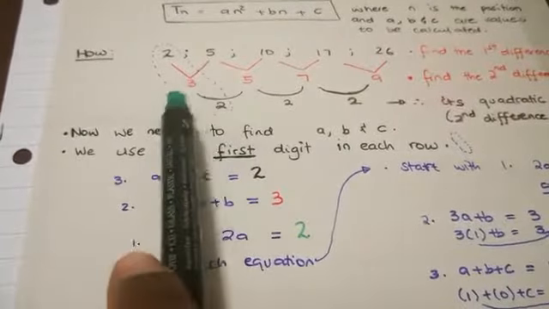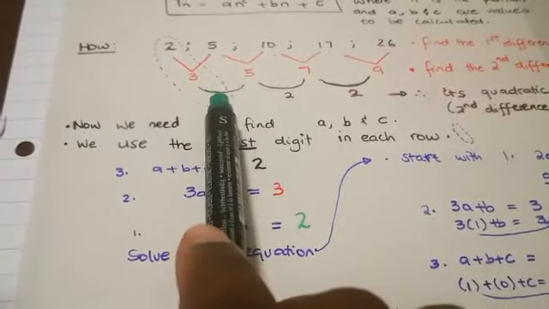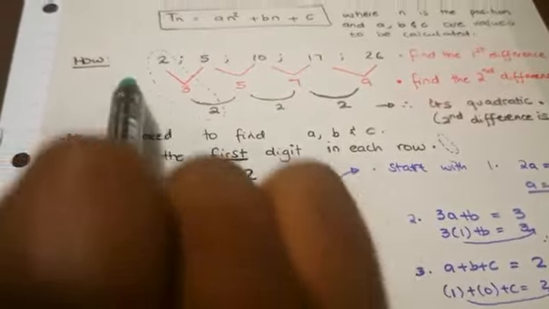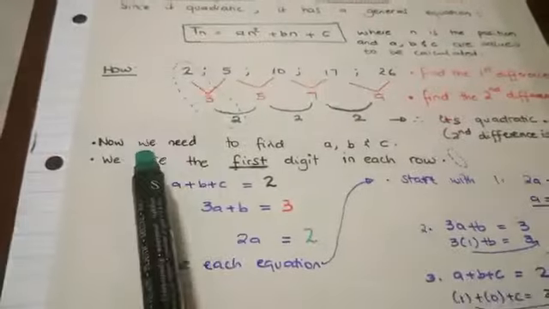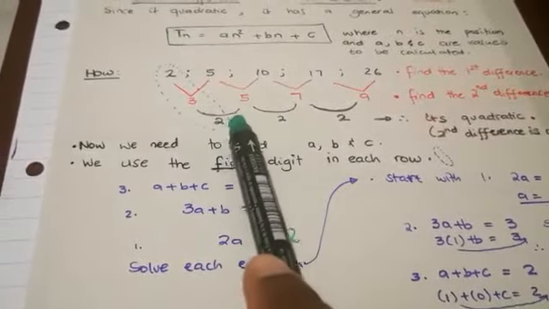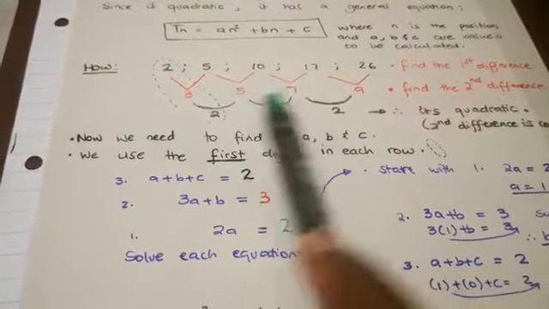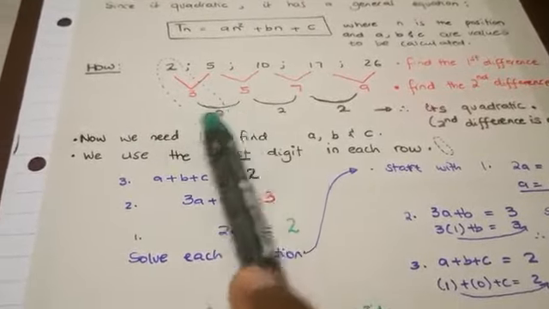The first one to be used is the 2 at the bottom. We start at the bottom and then we go up. Please don't forget, we start at the bottom and we go up. So the first one that we will find is a, and we use this 2 to find a.